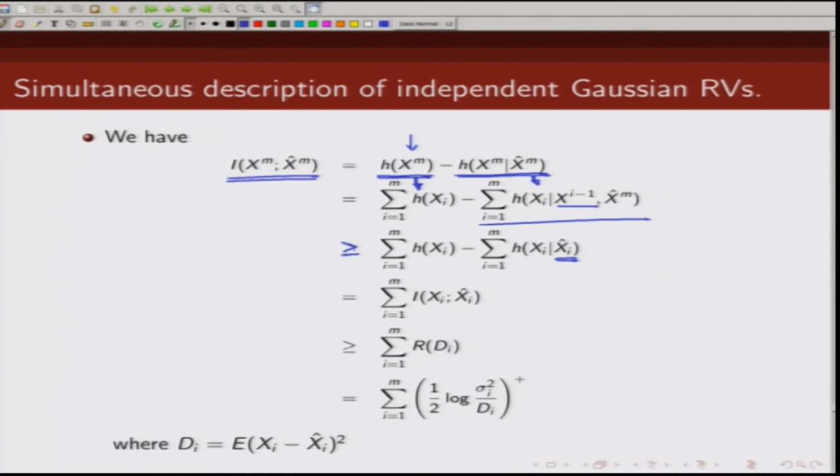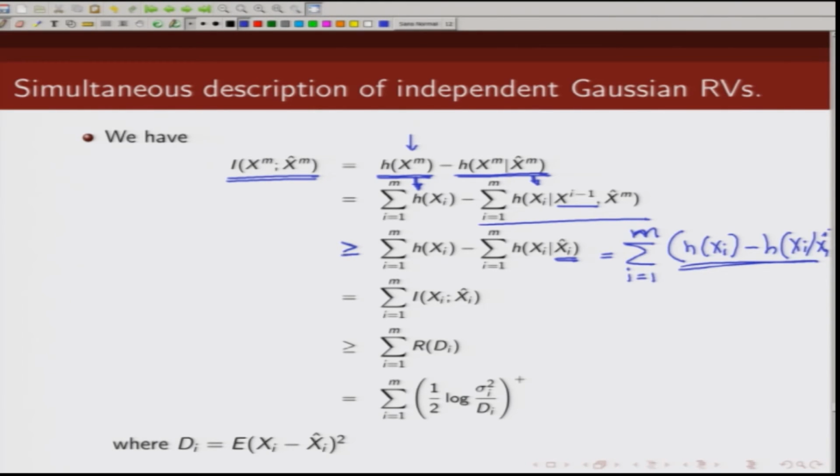Now this can be written as summation i equal to 1 to m of h of xi minus h of xi given x hat i.